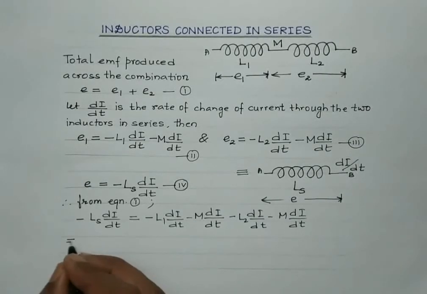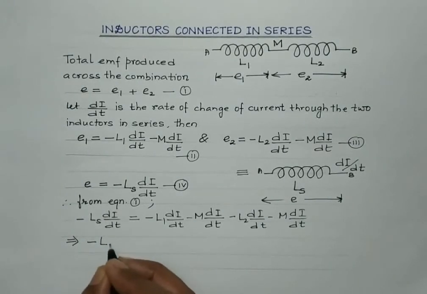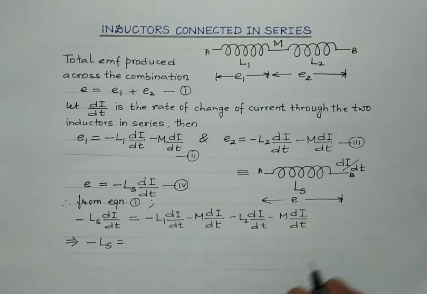So, which implies that minus Ls di by dt is common on both the sides.